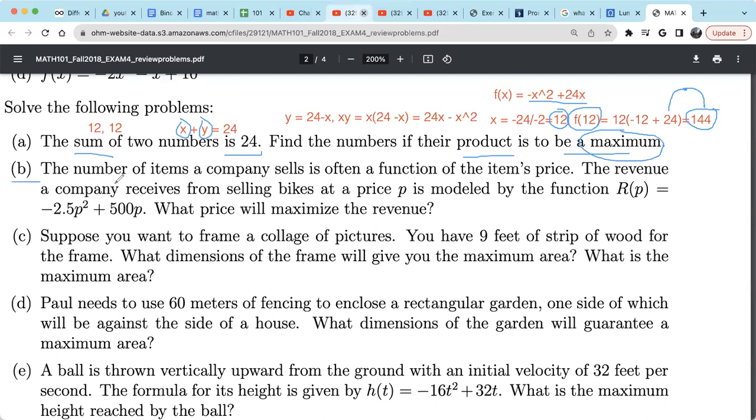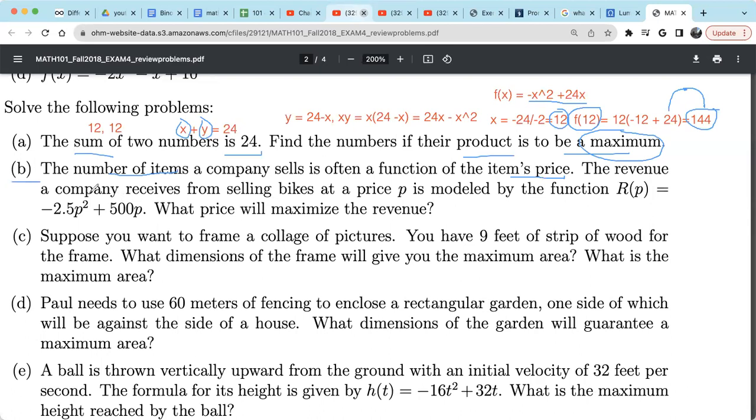So B: the number of items a company sells is often a function of the item's price. It says the number of items, so how many, the quantity. It's a function of its price. It basically depends on its price.